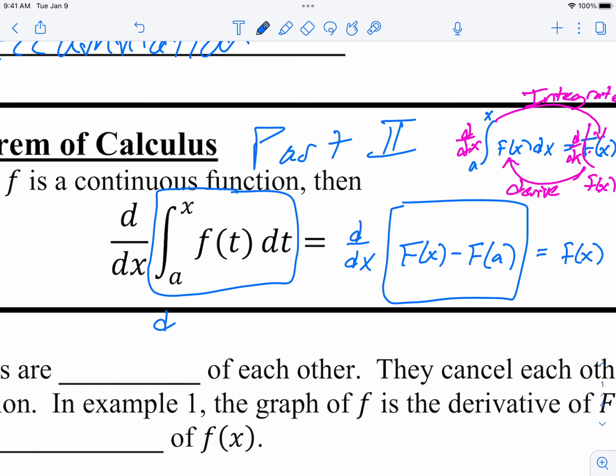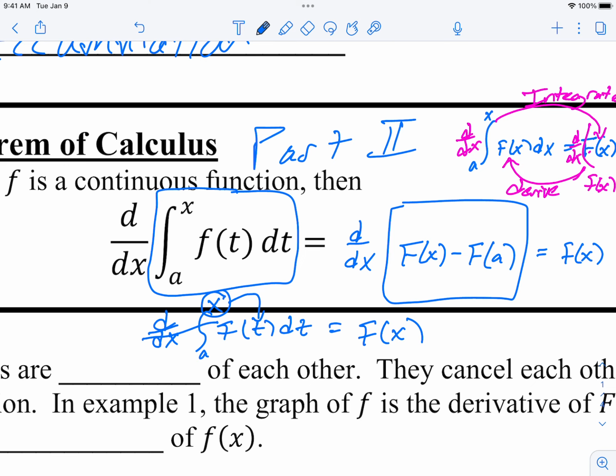We're always going to see the derivative of any constant, doesn't matter what it is, to x, of f of t, and it's always got t in here, and the reason is so you don't confuse this upper bound x with the integrand's input variable while you're doing this process. So it's pretty common to see it like this. And then you'll notice that these guys cancel. The only thing that's wild that you have to remember is that it cancels the integral, but this variable ends up being substituted into the function.